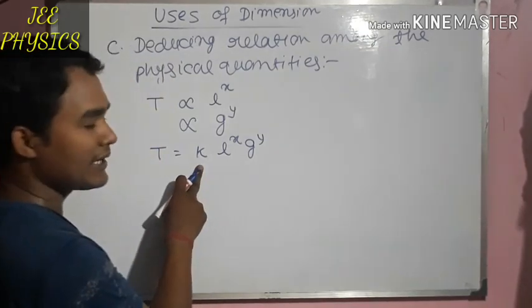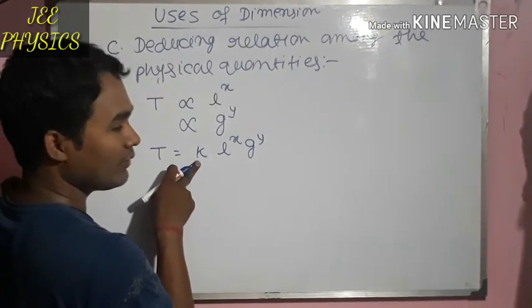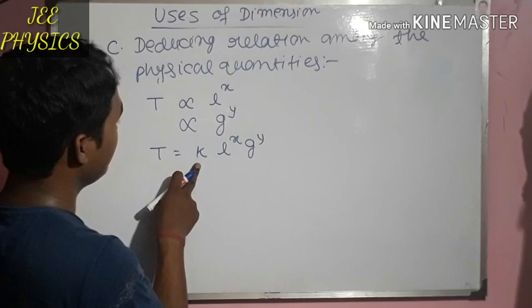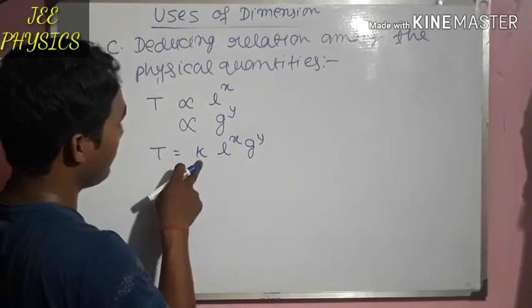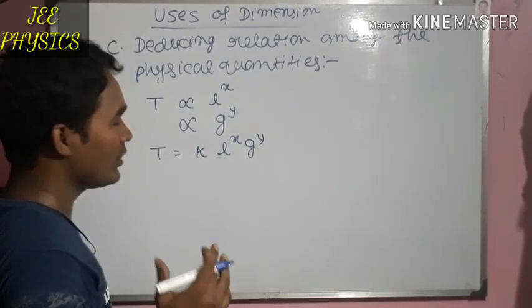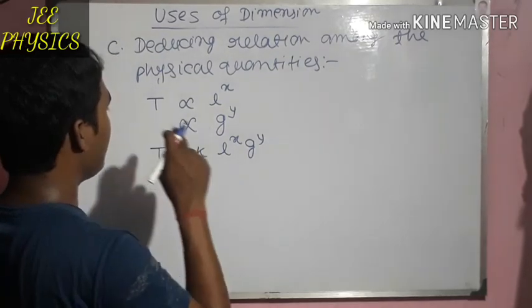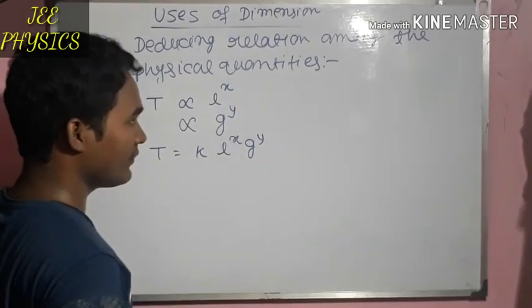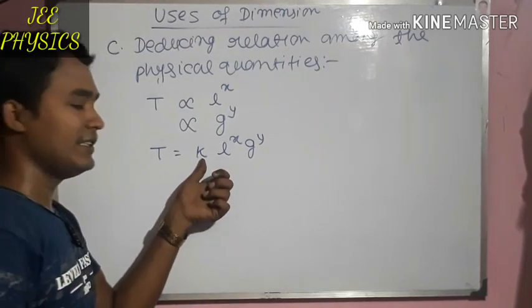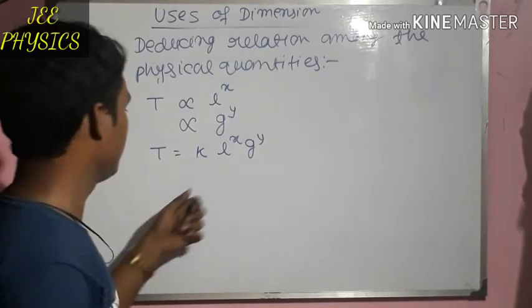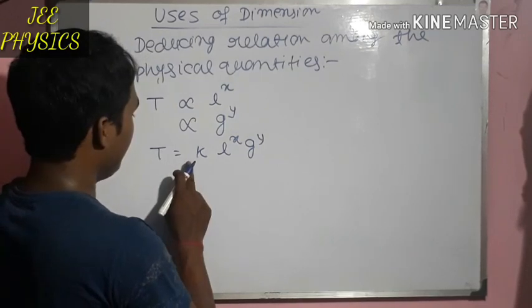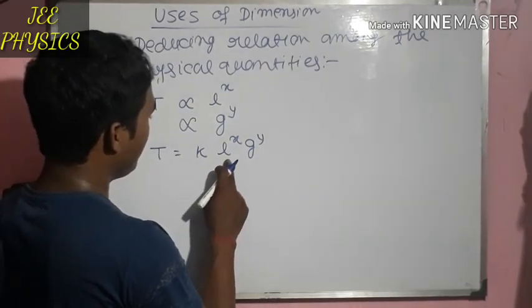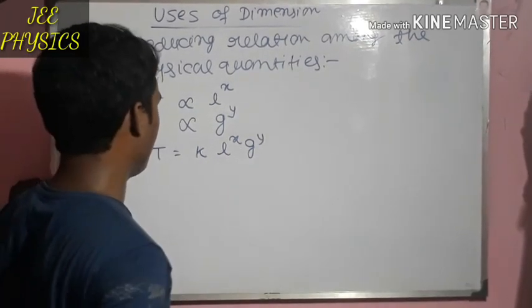Here k has to be dimensionless, because if it had a dimension, then t would also depend on it. But we previously know that t depends only on L and g, not any other physical quantity. So this will be a pure number. So we get t is equal to k L to the power x into g to the power y.